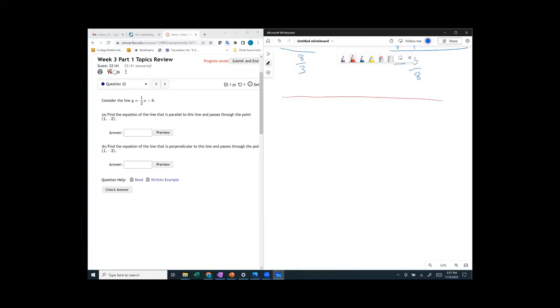So my slope for this line, y equals m, this is my m times x plus 6. So I know my slope. My line parallel, if I use point slope, and notice they're not telling me which way to do it.